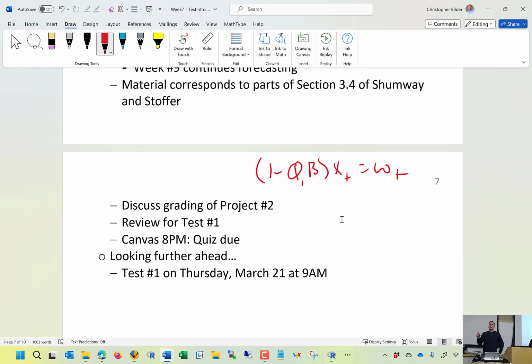Think of what happens if phi 1 is equal to 1. Essentially, we have first differences then on the left side. And so what one could do is do a hypothesis test: is phi 1 equal to 1 or not? Now, you might be thinking, well, we're kind of doing it with that confidence interval there. Well, with the confidence interval, we do have a range.